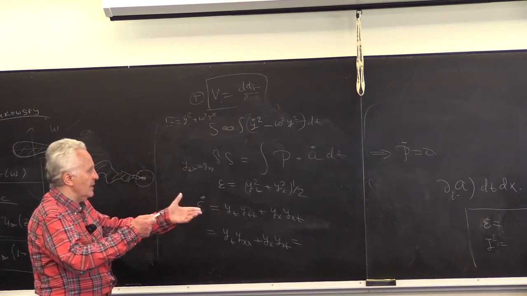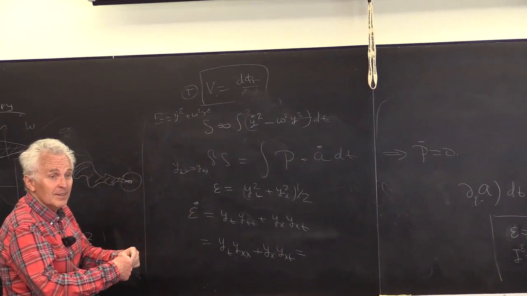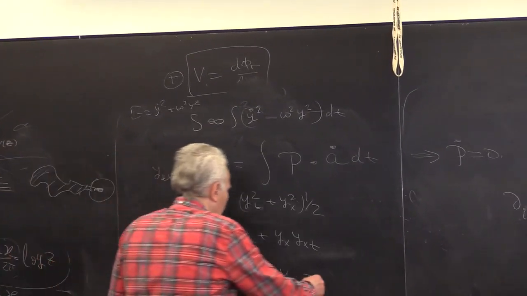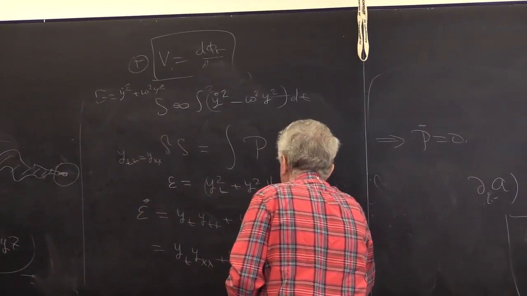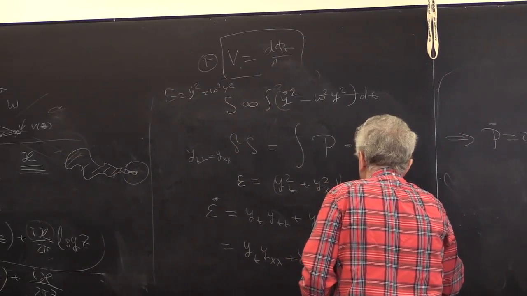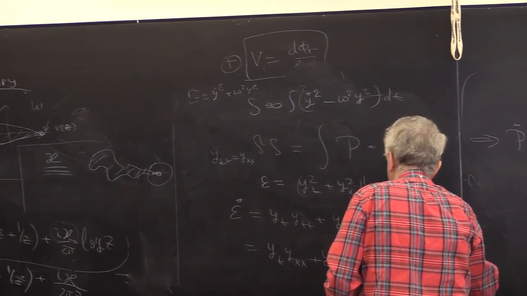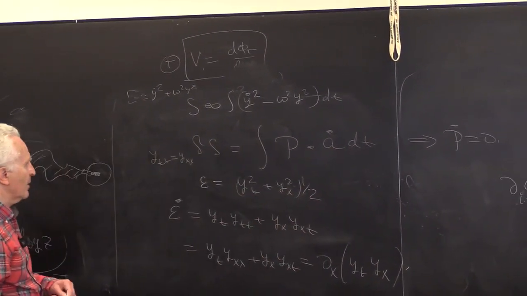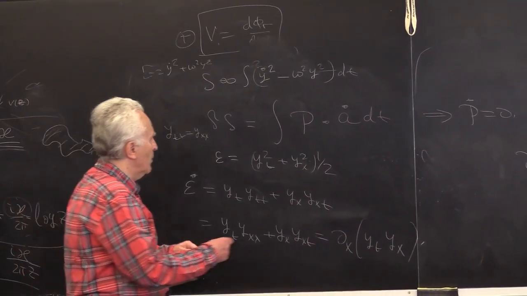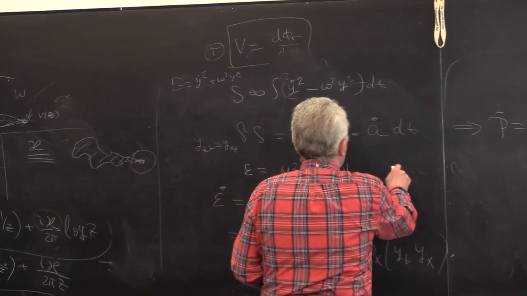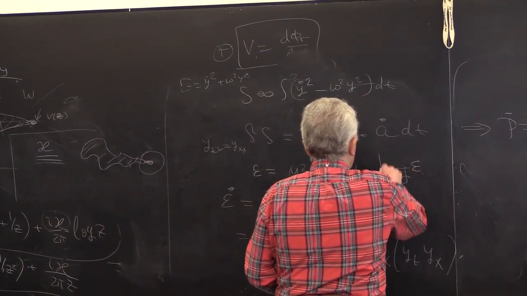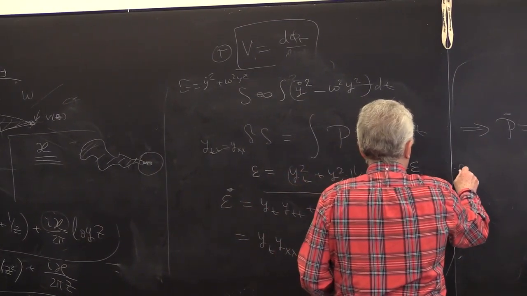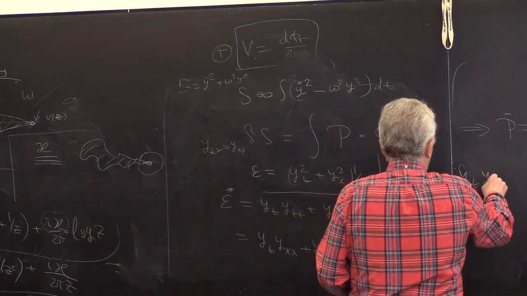Divergence in this case is just the x derivative. Look, it's just dx of yt yx. So we have energy density and energy flow, which is yt yx.